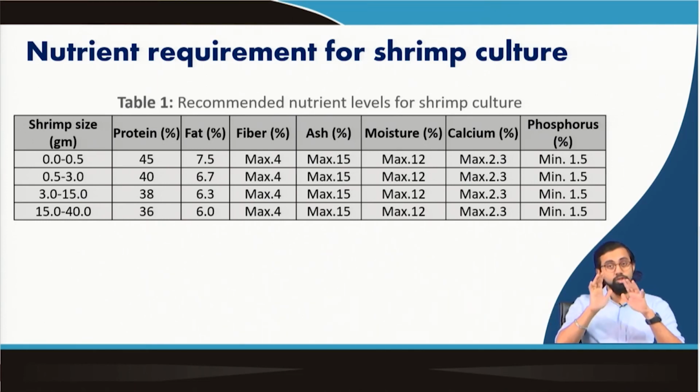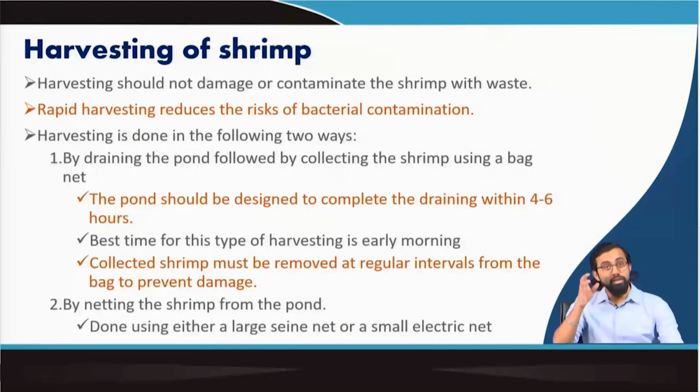Again, the calcium content has to be limited to 2.3%. Okay, these percentages are almost equal other than the amount of protein and fat required. As the shrimp size keeps increasing, the protein requirement goes down a little, as well as the fat requirement, but the others can remain as they are.